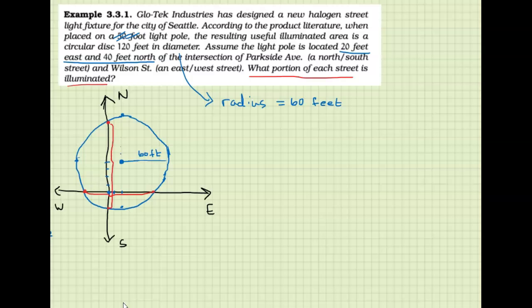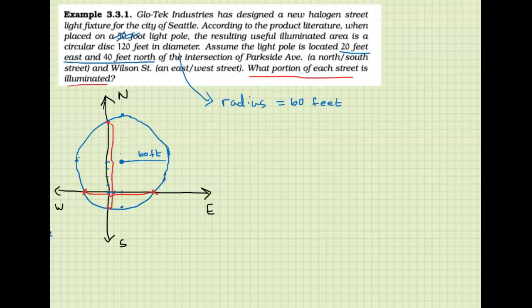So not a ratio or a percentage, because you don't know how long the streets are, but within this coordinate system, what are these values of x and what are these values of y, the intervals.